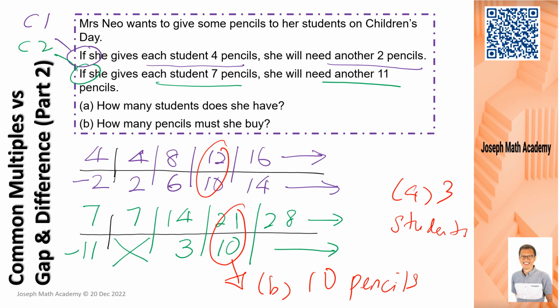Because it is the third column that ends with a common multiple, 10. Alright, so this question is easily done using the P4 common multiples concept. Why? Because the values are small, and the listing of common multiples is never tedious for this type of small value question. Now, what happens if it's a bigger value?